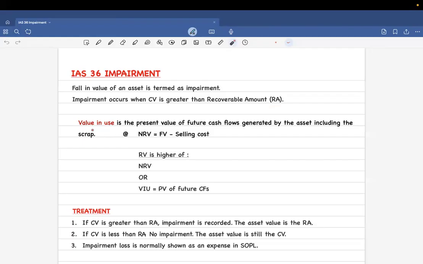So, what is value in use? This is something that we're going to go deeper into in the next standard. For this standard, we're just going to brush through it. Value in use simply means that whatever amount we have of something now won't be the same in the future, right? So I bought a laptop, a MacBook.